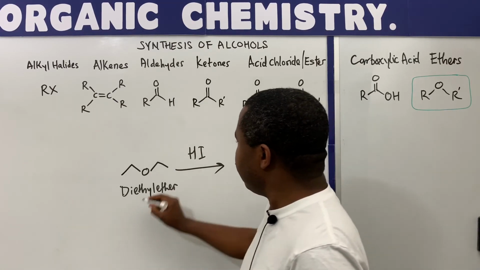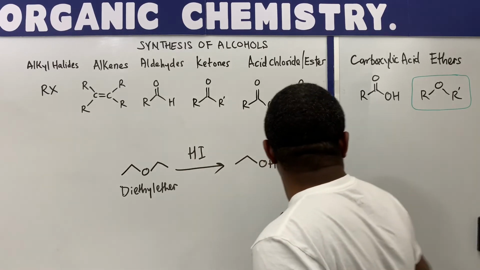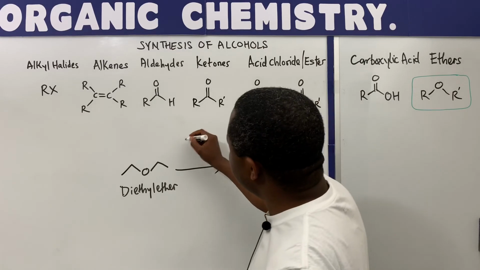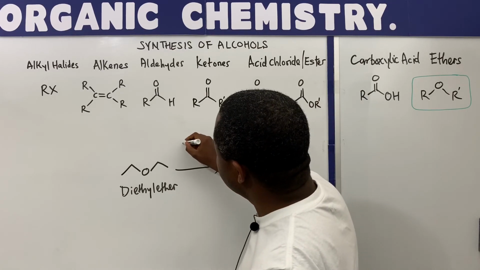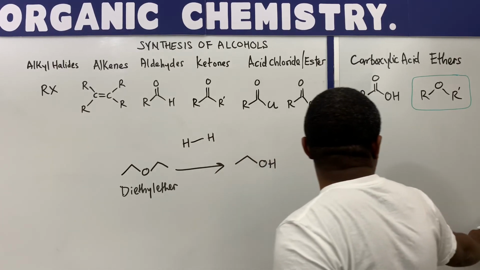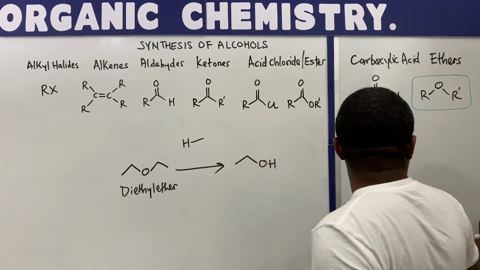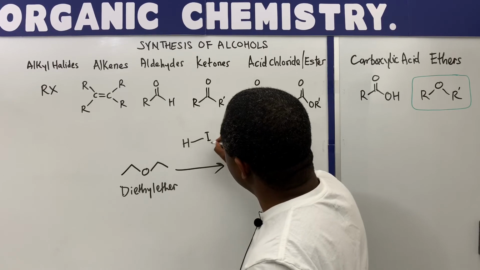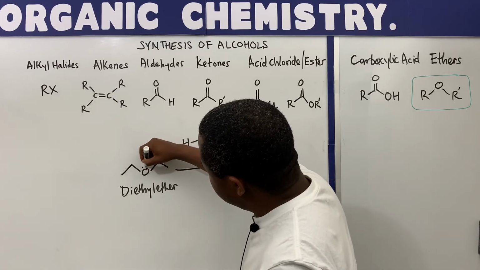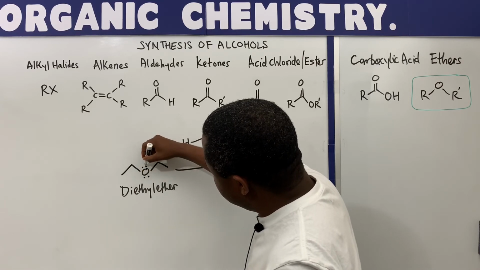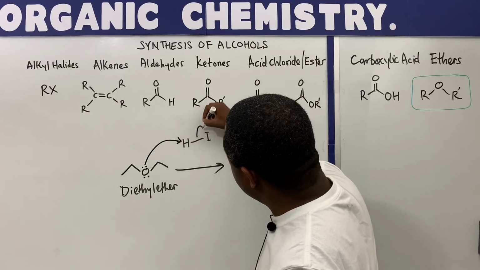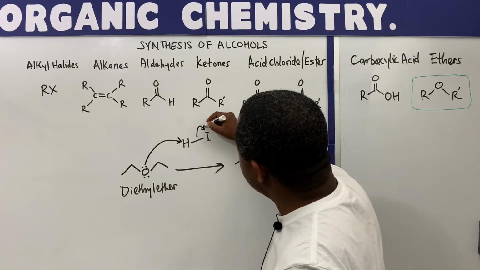have something like this. Let me draw this out. So we have something like this. Oh, sorry, this is iodide. So we have something like this. So this can pick up this proton, and this goes on the iodide.